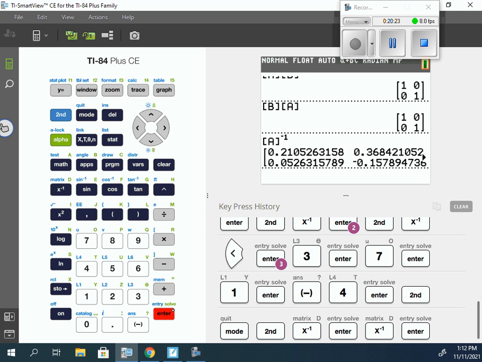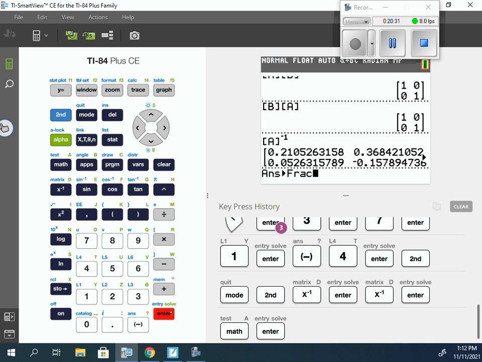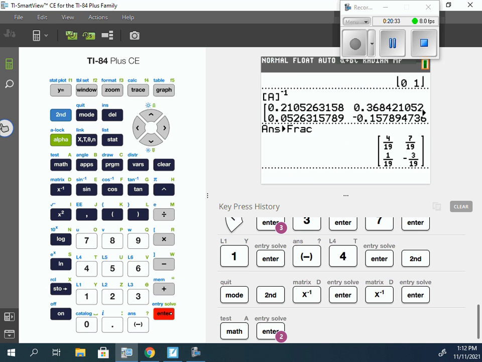Well, all the ones we've had so far have been what? Fractions, yes? How can we convert it to a fraction? Math, enter, enter. And there's the inverse. So our 4/19ths, 7/19ths, 1/19th, and -3/19ths will be the inverse of this matrix.